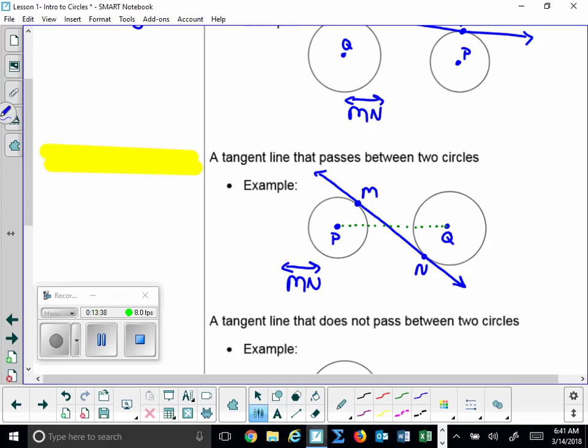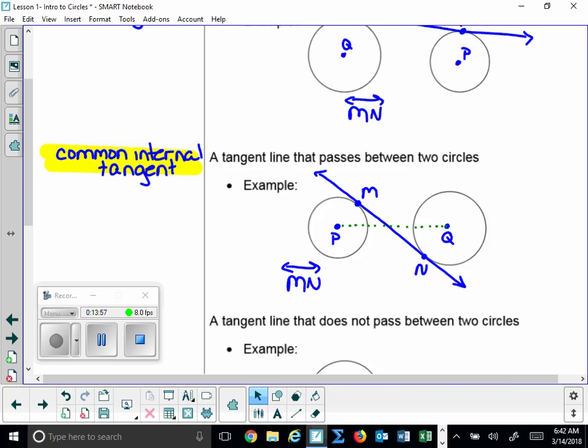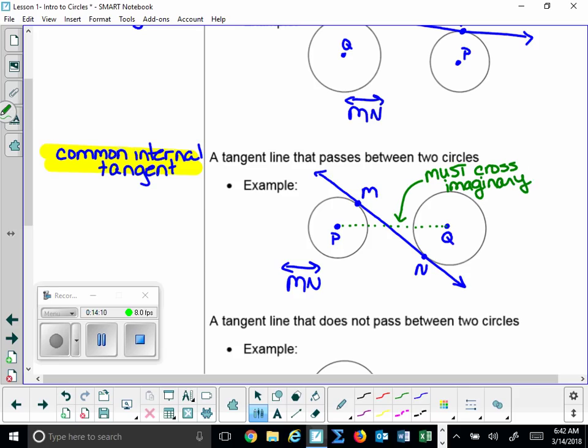When this happens, it's called a common internal tangent. It must cross this imaginary line connecting the centers.